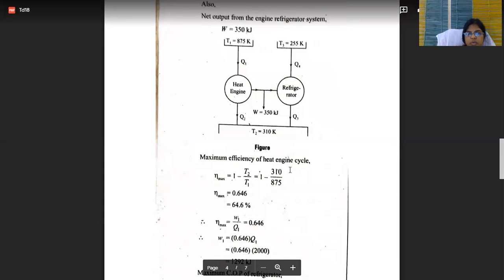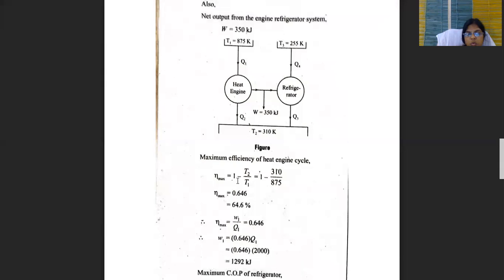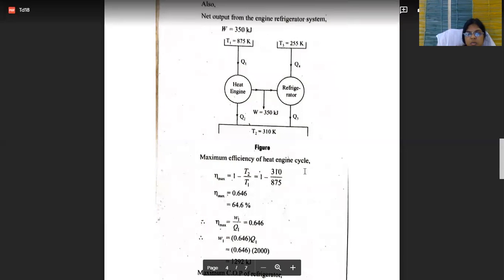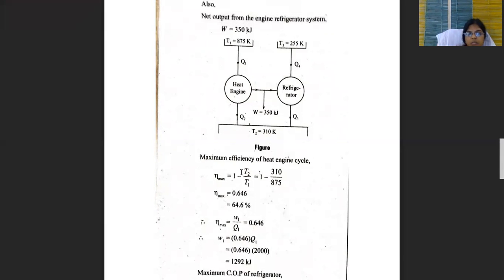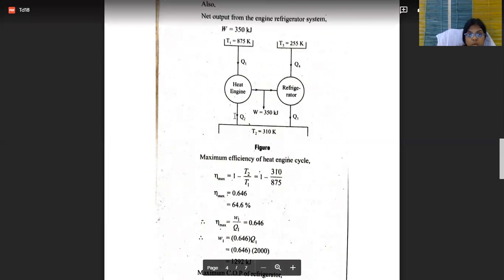Maximum efficiency of heat engine cycle. What is the formula of efficiency? Actually in a heat engine we get efficiency, and in a heat pump and refrigerator we get coefficient of performance. So in a heat engine, efficiency is equal to 1 minus lower temperature over higher temperature. What is our lower temperature? 310. That is only for the heat engine.